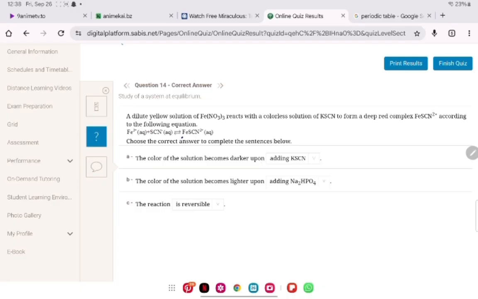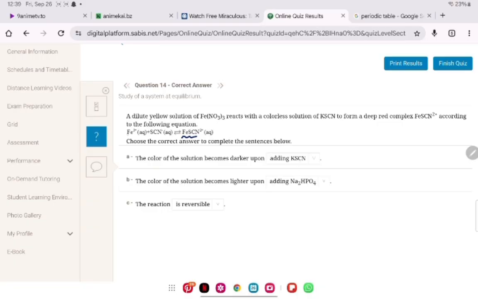Here it's deep red because of SCN. If you add more KSCN, you're adding more SCN. So adding more of that will make it a deeper red, so it does go darker. That's why this is going to be the answer.